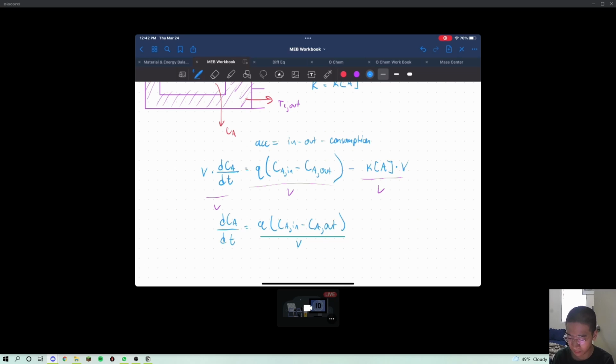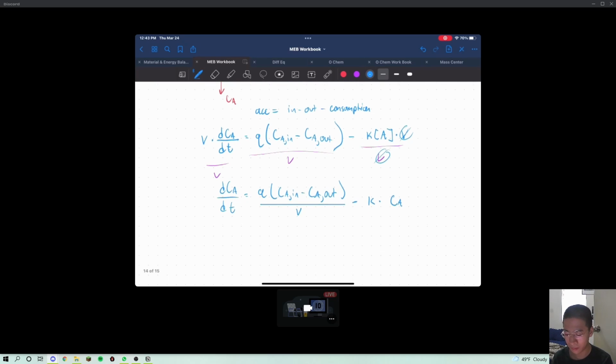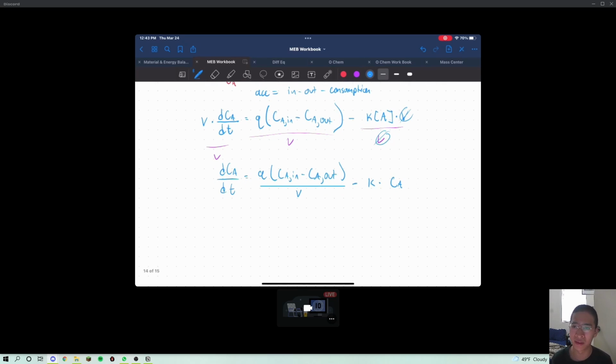Notice how here this cancels out. So all we're left with is minus K times the concentration of A. We're prepping for Python. So this is what I'm going to call my variable in Python, CA.